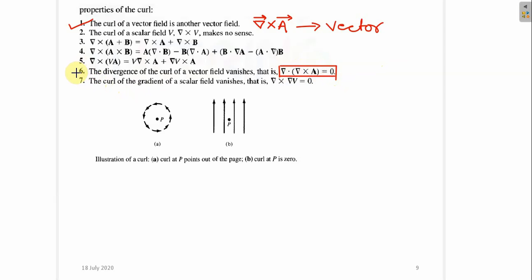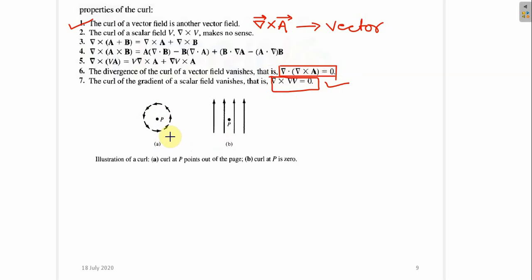And also the curl of the gradient of a scalar field vanishes. So again, if you are going to perform the curl of the gradient of any scalar field, then also you will have this 0. So these are the two important relations that you should remember.